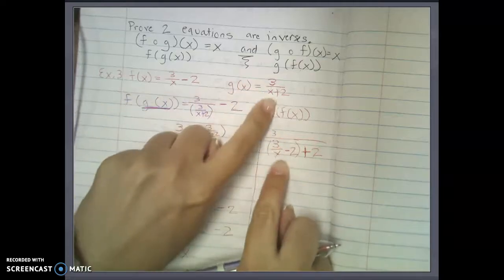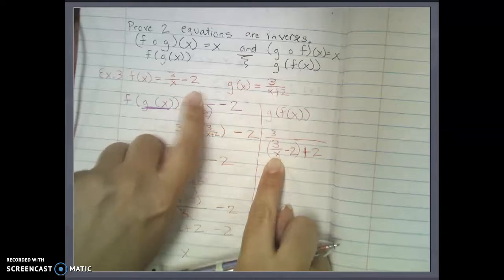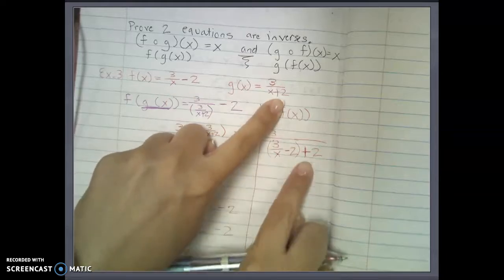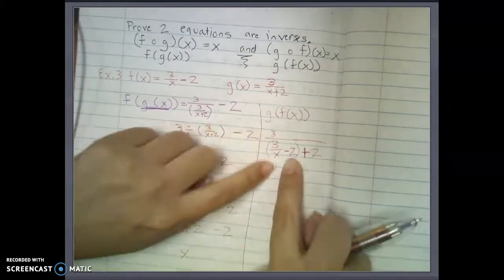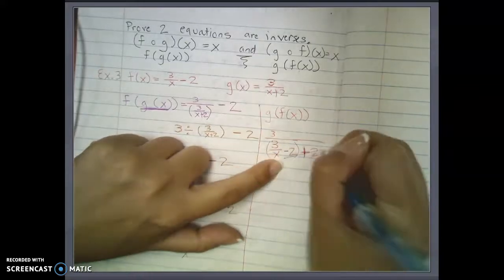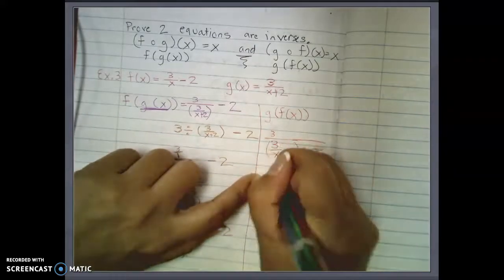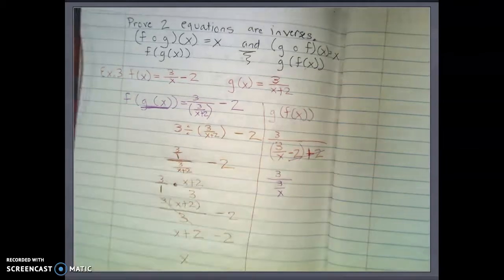Instead of x, I'm plugging in f of x, so that's where this f of x came from. And then I have this plus 2 here. So I've got to see if I can cancel anything out. I have a negative 2 plus 2, so that'll go away. So I have 3 over 3 divided by x.